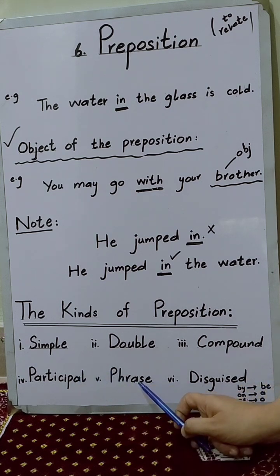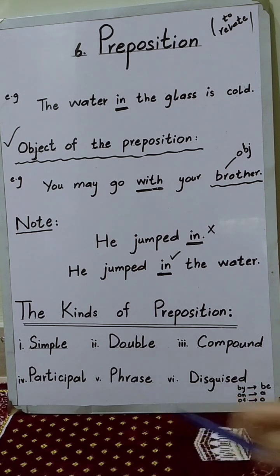According to, by means of, owing to, with a view to, in place of, in front of, in spite of, instead of, in order to, by virtue of, by way of, etc. Disguised prepositions: by can be changed into be, on into a, and off into o. For example, 4 o'clock.